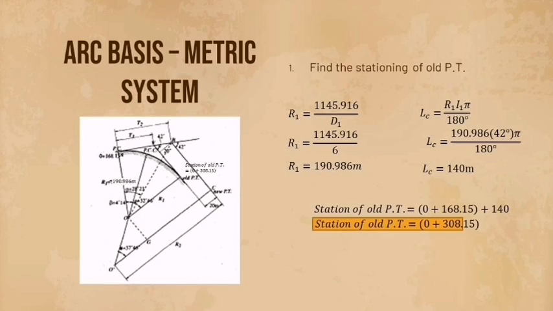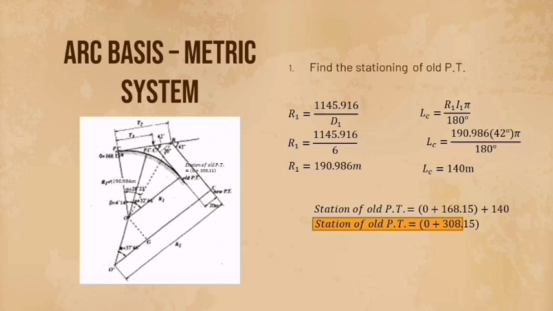Our formula is 1145.916 over the curve. Our first degree is 6. If you substitute that to the formula, we'll get the answer of radius 1 equals 190.986.